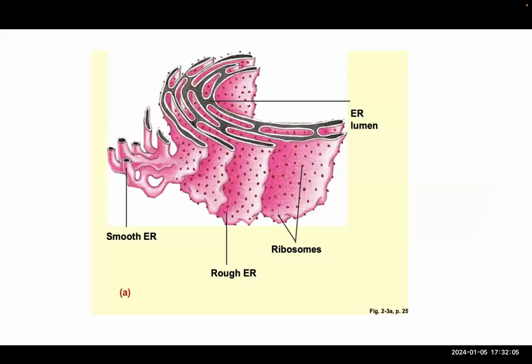That's how they get their names. Sometimes the ribosomes come and stick to the edge of the ER to help with making proteins. And remember, ER helps to process that protein, so it makes sense that they're working together.